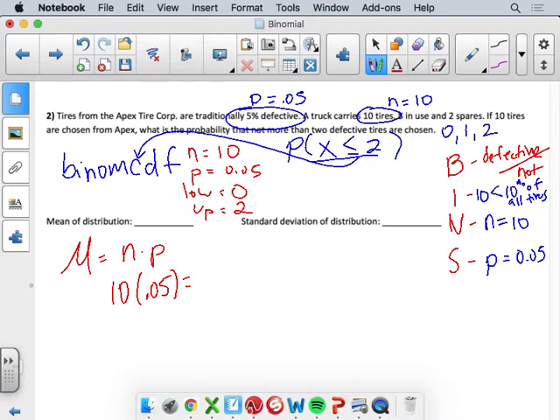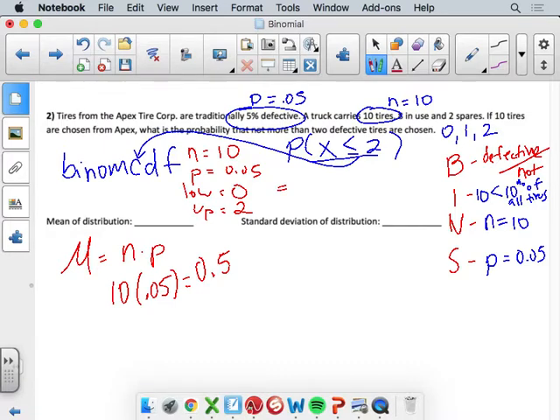What is that? I expect over the long haul 0.5 of a tire to be defective. That's pretty small, so this distribution is probably going to have a pretty high probability. We should be in the low range of defective tires.